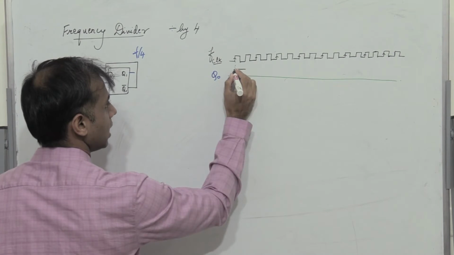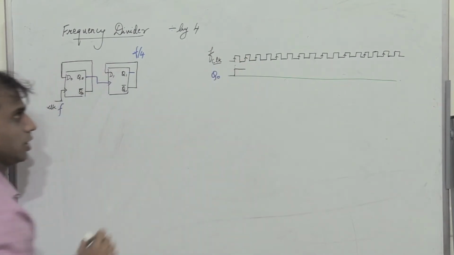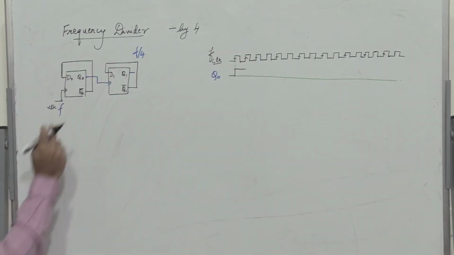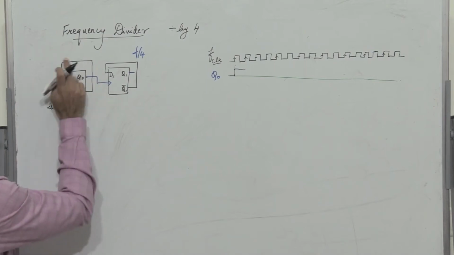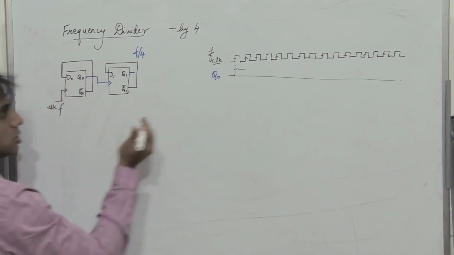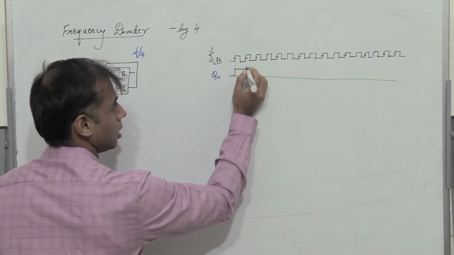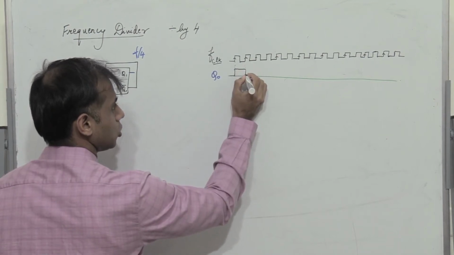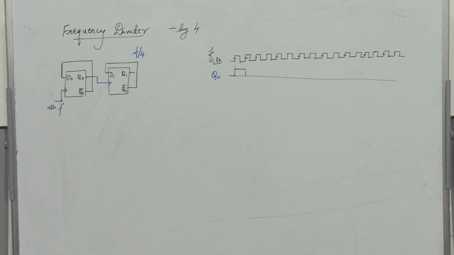So it remains high till the rising edge of the next clock pulse. So when Q0 is 1, Q0 bar becomes 0. So I have 0 coming in. So during the next rising edge, Q0 drops down from 1 to 0. Okay?